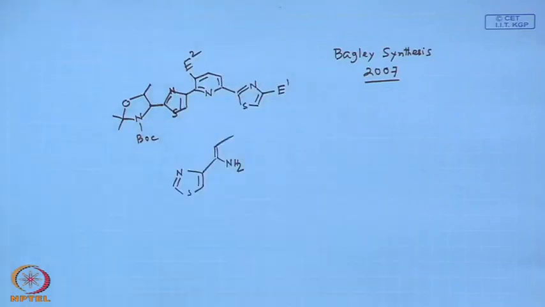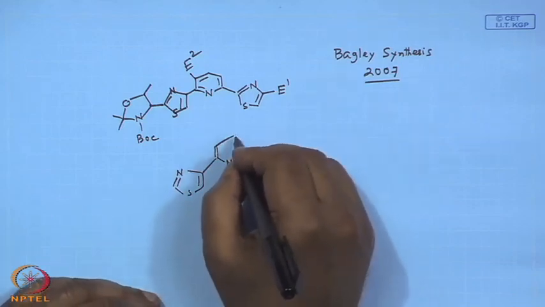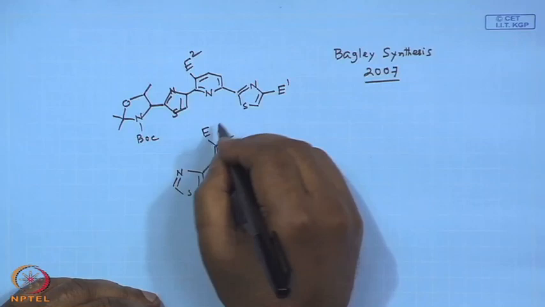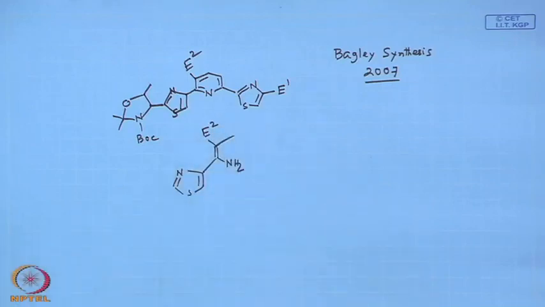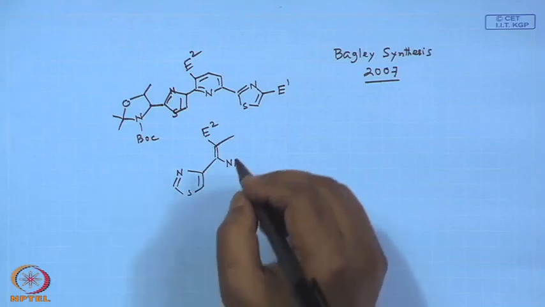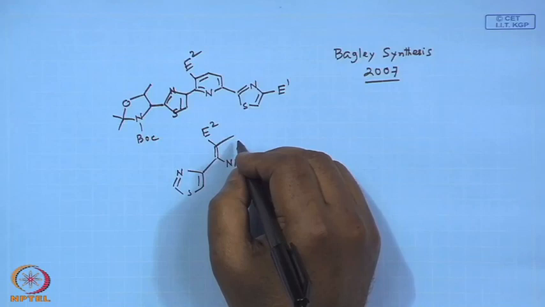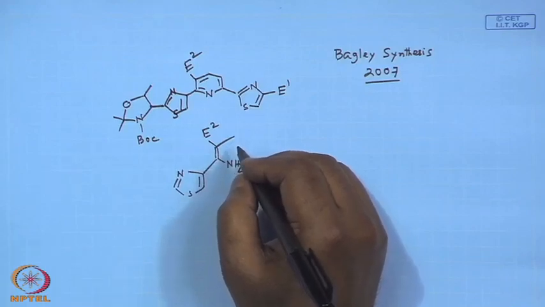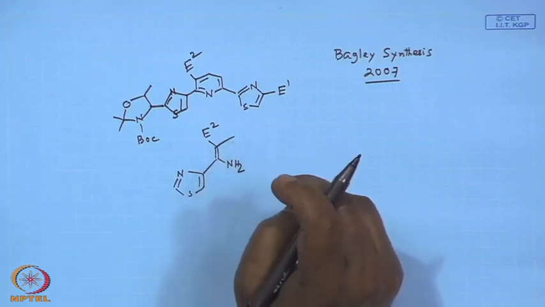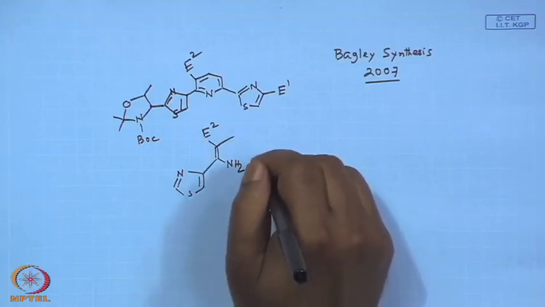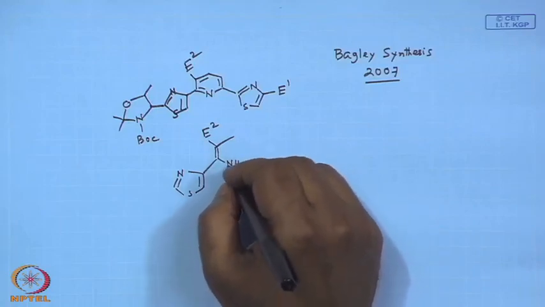So, now you can guess. So, this is E2. So, you have to take E2 here and E2 and so enamine and what else, 1, 2, 3.